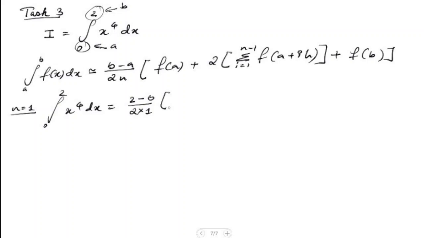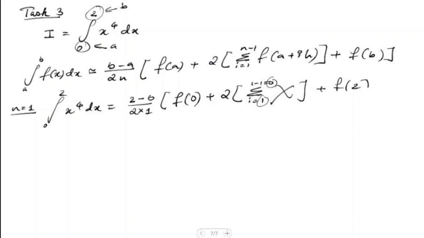Then we have f of a, which is 0, plus 2 times the summation from i equal to 1 till n minus 1, which is 0. We cannot go for a summation that starts with i equal to 1 until 0, so there is nothing to be done here. And then we have f of b, which is 2.